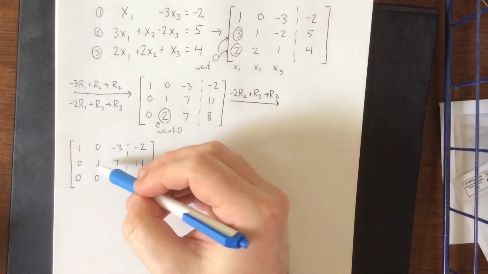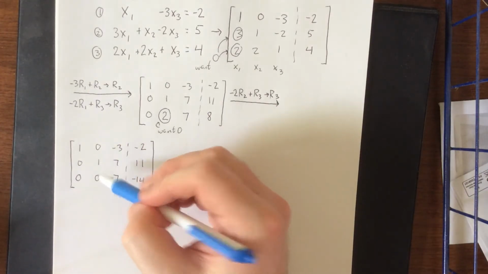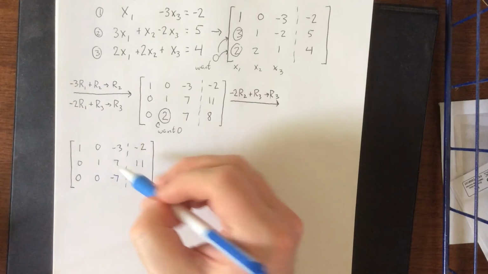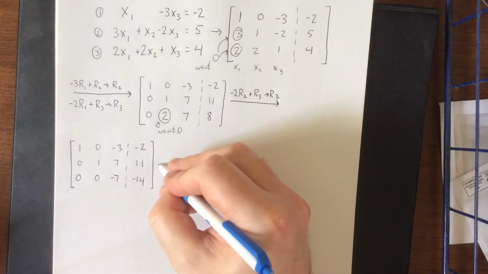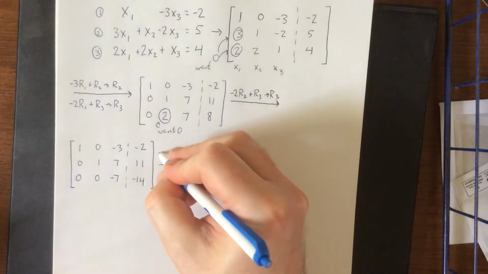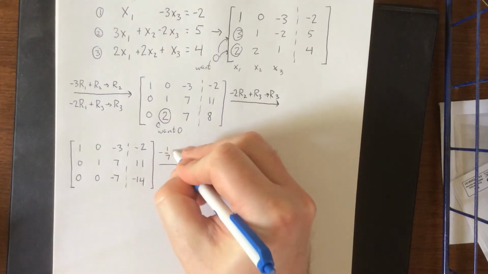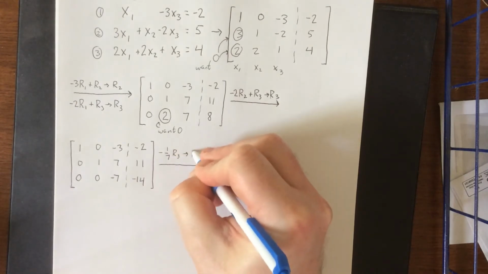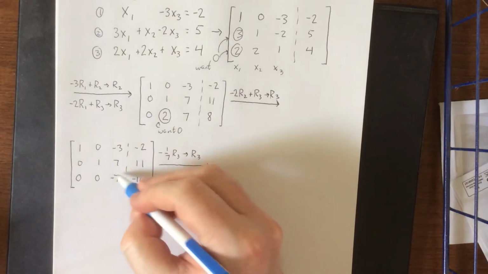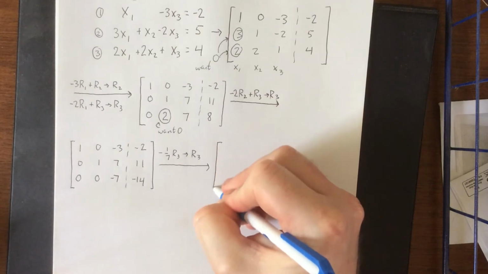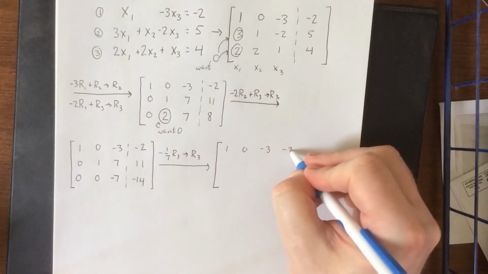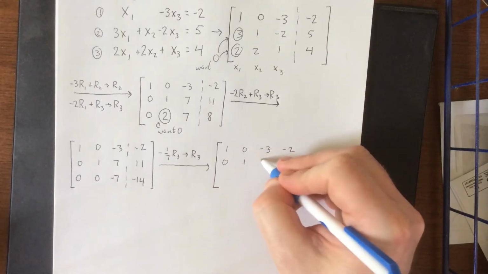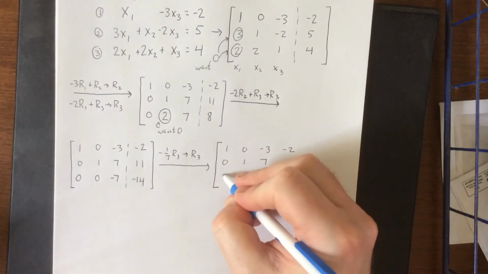Now that we have our lead 1 in the second row with zeros above and below, now we ignore the second row and second column and just focus on this 1 by 2 matrix right here and getting that to row echelon form. We could do so very straightforwardly by taking negative 1/7 of the third row and making that the new third row. Basically, we would just want to turn this negative 7 into a positive 1. So again, 1, 0, negative 3, negative 2. 0, 1, 7, 11.